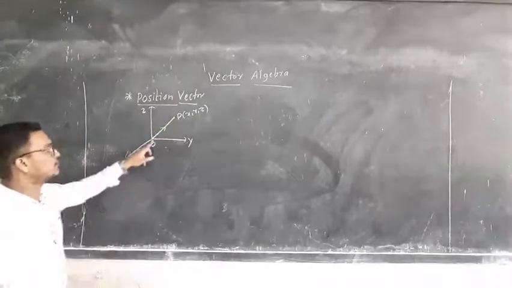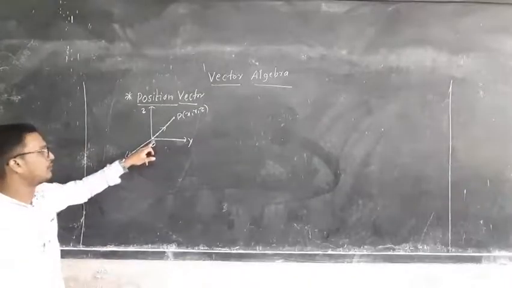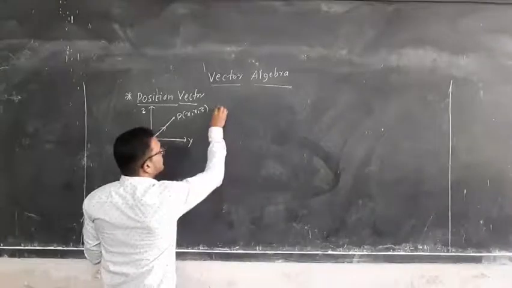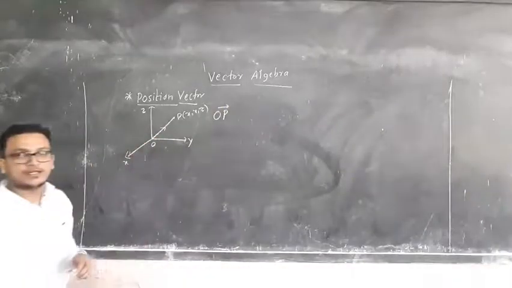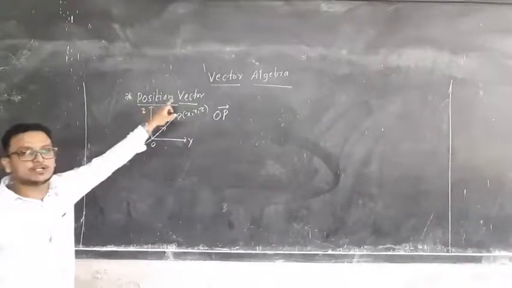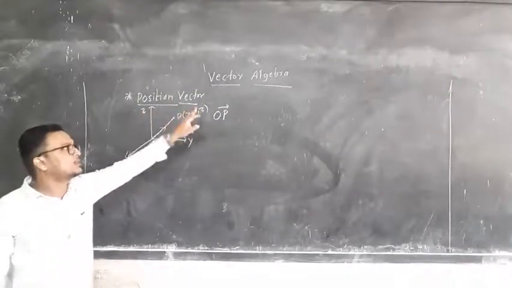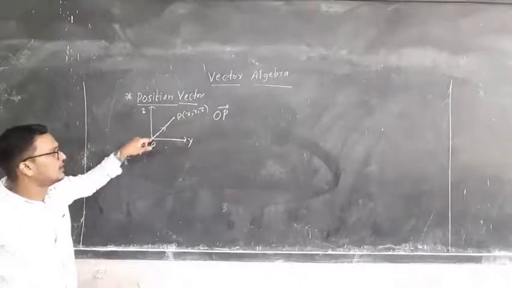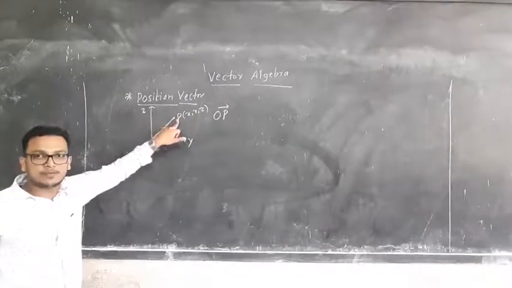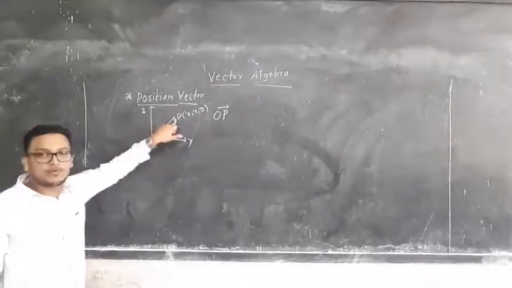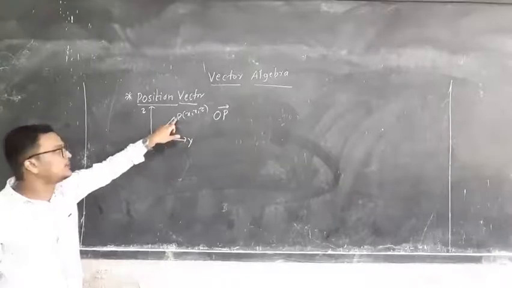Here we form one vector, that is vector OP. This vector OP is called the position vector, because it has initial point O and terminal point P, also called the end point.